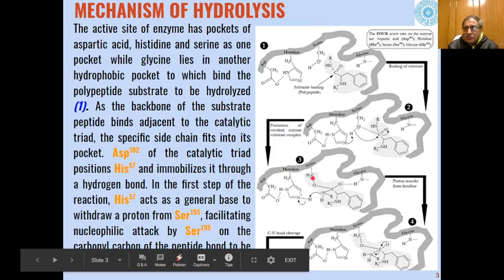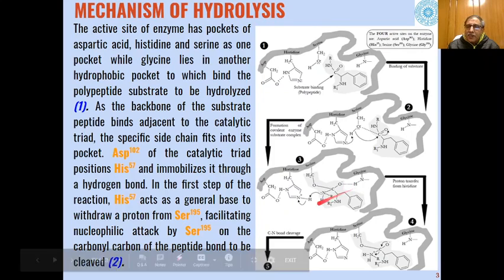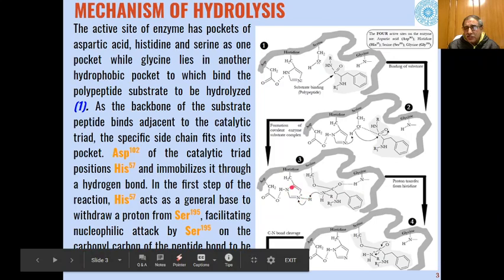So basically, one active site has got attached to the substrate as a covalent intermediate. This covalent bond between substrate and the active site of the enzyme has taken place, and this site will neutralize the negative charge on the oxygen. The histidine abstracts the proton from the serine, and this new nitrogen will become electrophilic in nature.